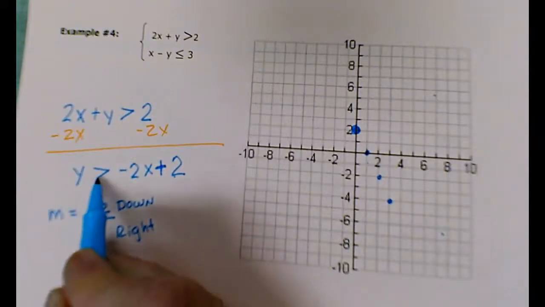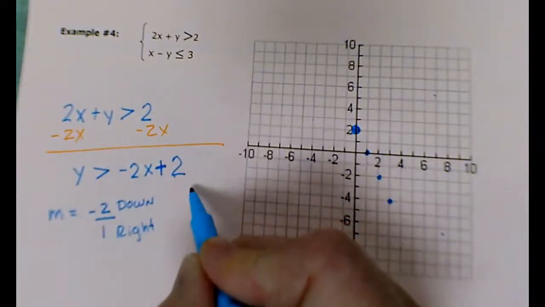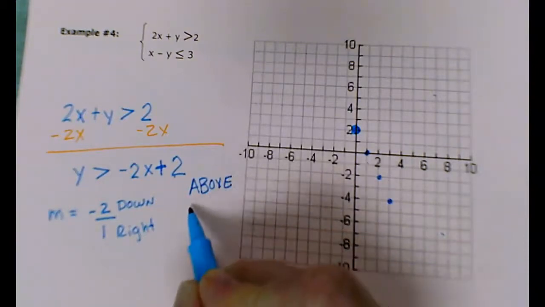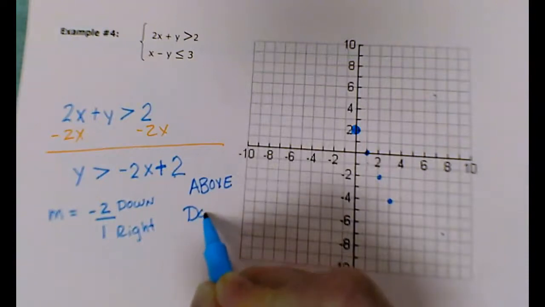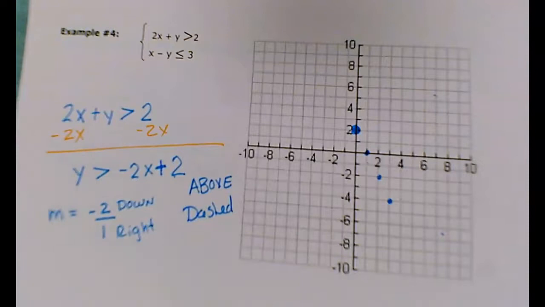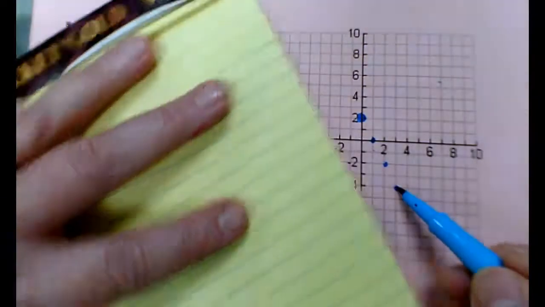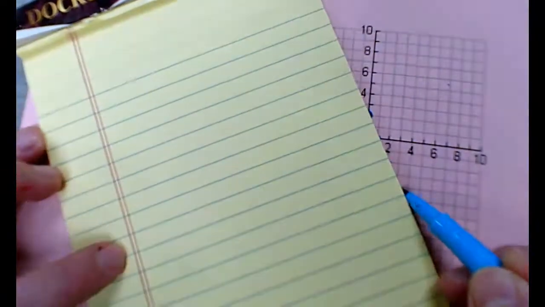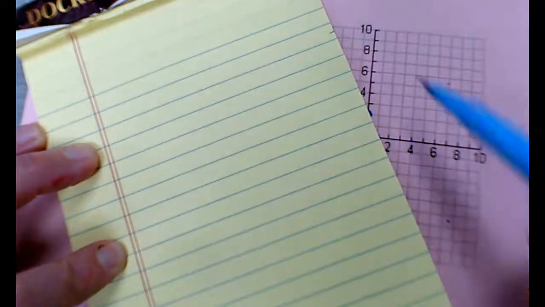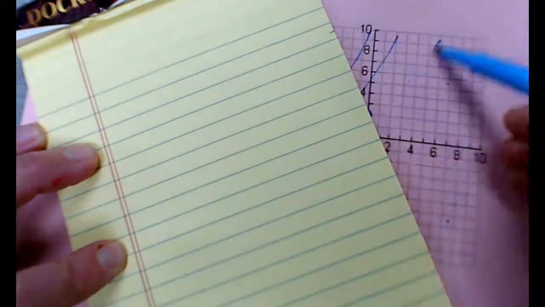This is a greater than sign, so I will be coloring above. It doesn't have the or equal to, so it's going to be a dashed or dotted line, whichever one you prefer to say. And above would be up here.